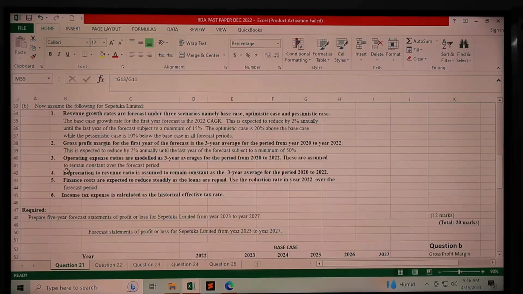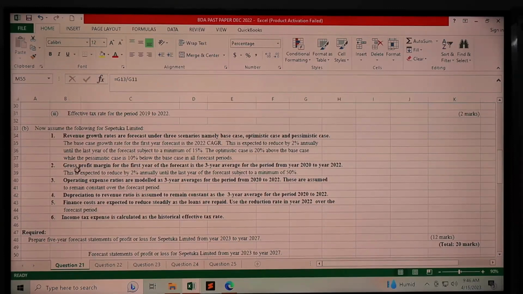But what are they asking us to use? The gross profit margin for the first year of the forecast is the 3 years average, for the period 2020 up to 2022.